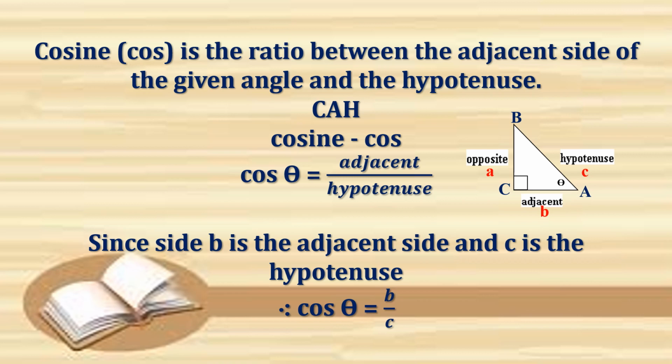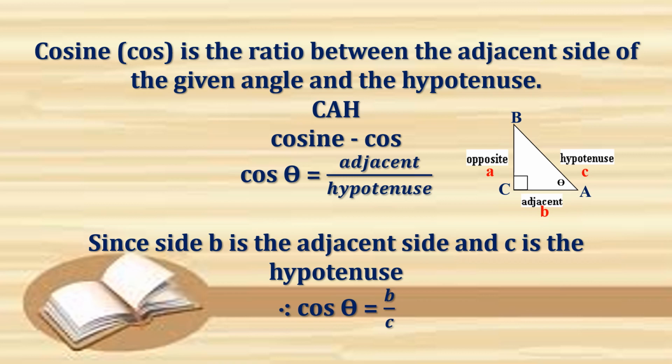Since side B is the adjacent side and C is the hypotenuse, therefore cosine theta is equal to B over C.